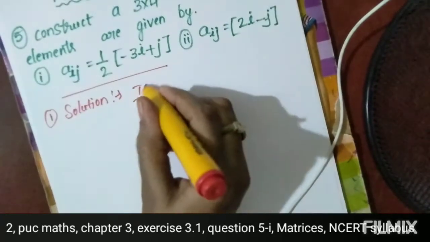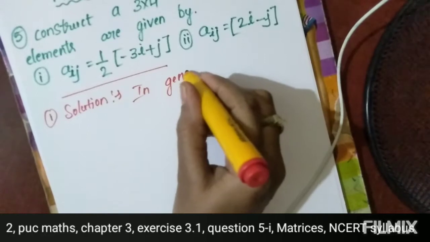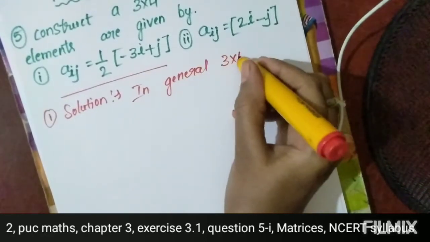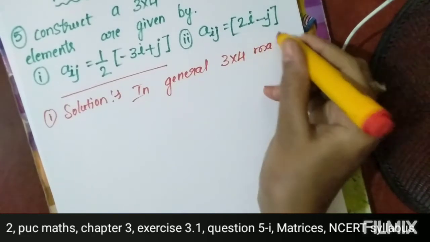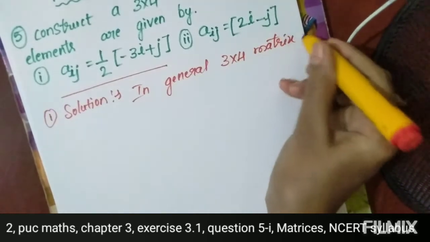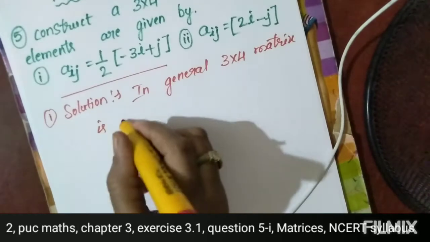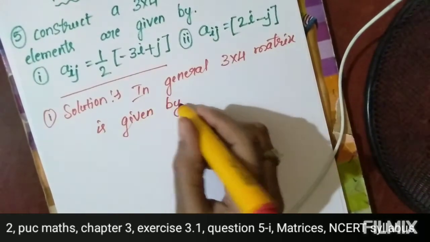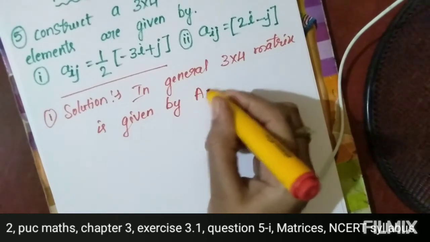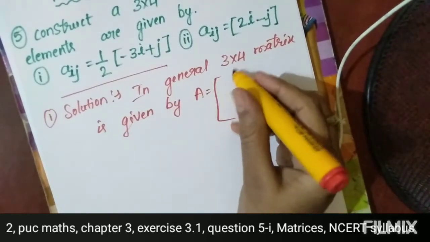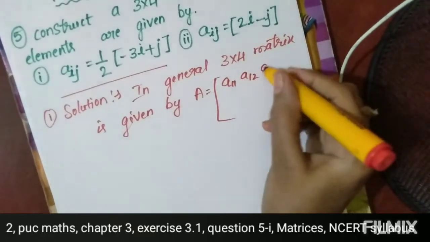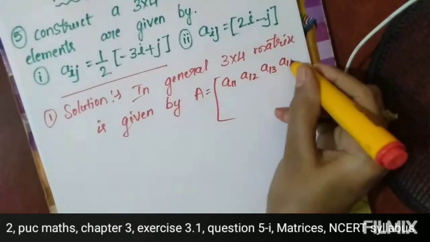In general, a 3 × 4 matrix is given by A = A11, A12, A13, A14.